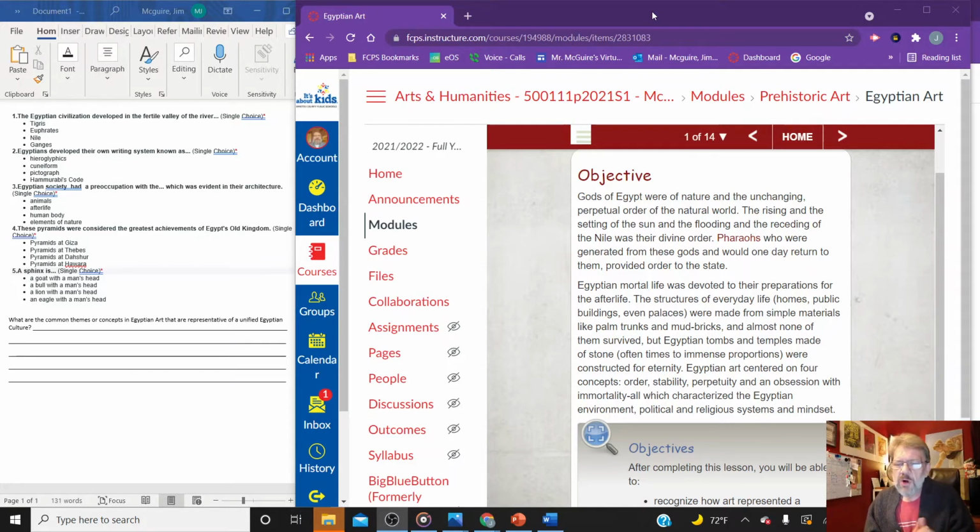Gods of Egypt were of nature and the unchanging, perpetual order of the natural world. The rising and the setting of the sun and the flooding and the receding of the Nile was their divine order. Pharaohs who were generated from these gods and would one day return to them provided order to the state. And so Egyptian mortal life was devoted to the preparations for the afterlife.